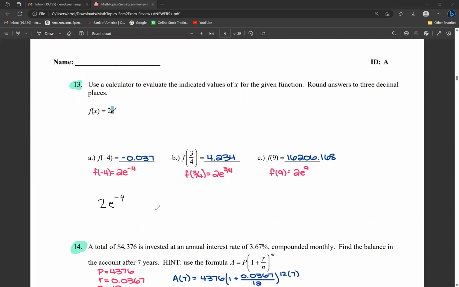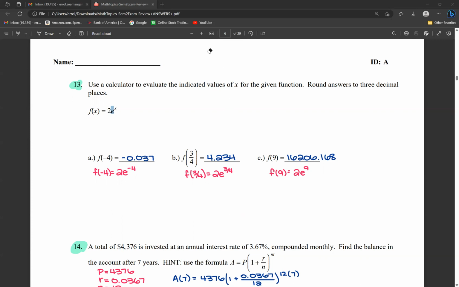Press the E button, press the raise button, and then press -4, and then you get something, and then take that answer and multiply by 2. And you should get 0.037. Yes.